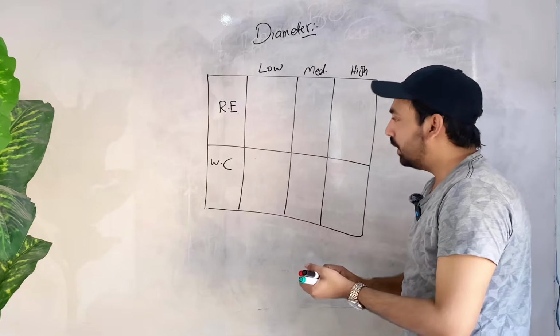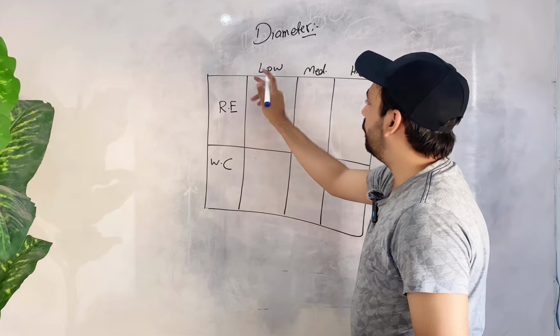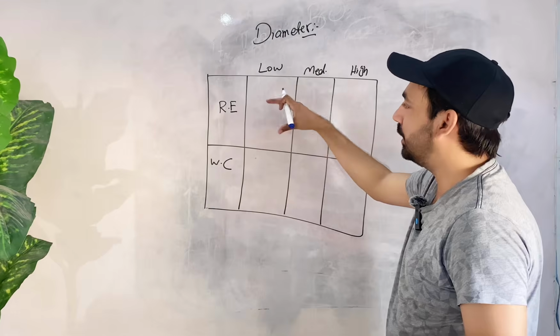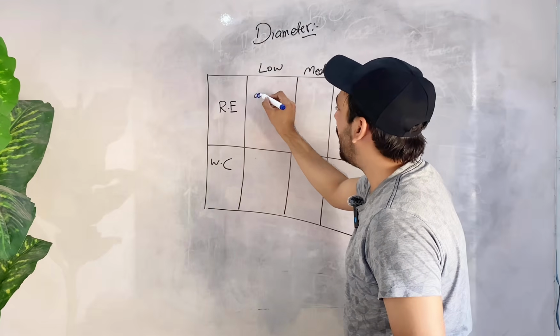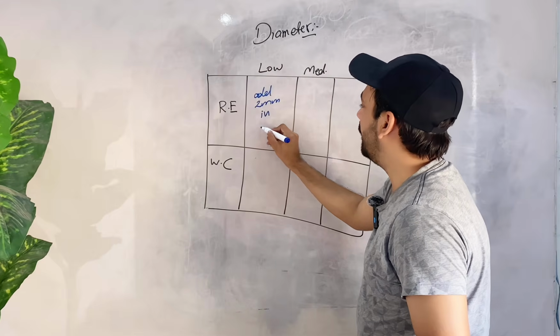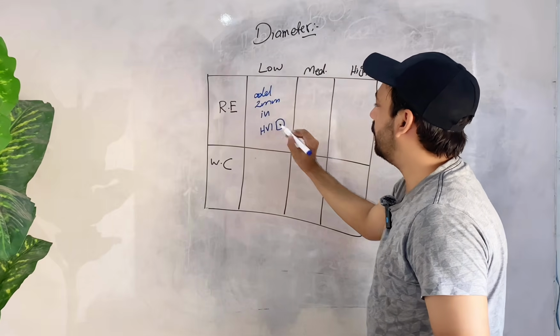We have discussed already, if there is low refractive error, the value of the refractive error is less, then we will simply add 2 mm to the HVID. Simple, right?